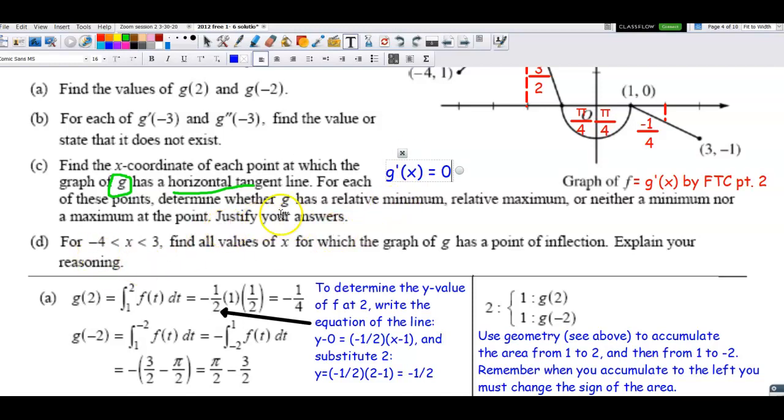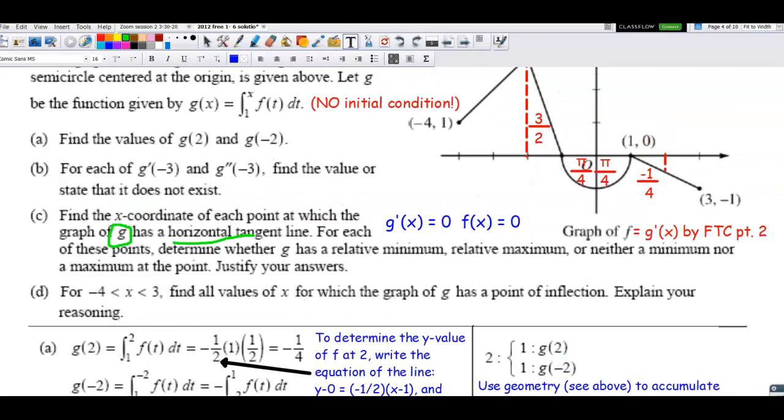For each of these points, determine whether g has a relative minimum, relative maximum, or neither a max nor a min. Justify your answers. All right, so we said g prime of x is f of x, so we're looking first for where f of x is equal to 0.